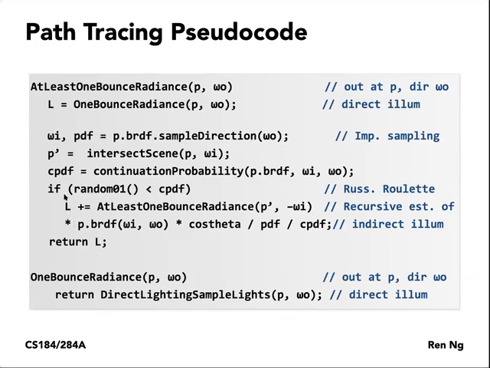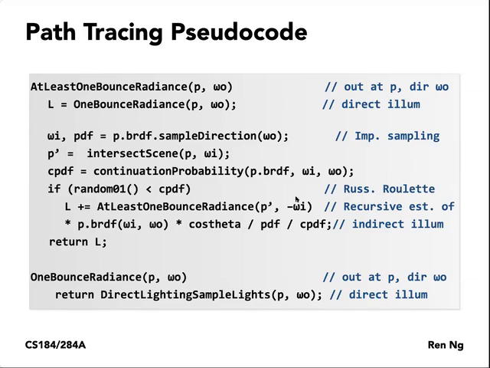But if we did continue using Russian roulette, then we take the radiance from the one bounce case and increment it by at least one bounce radiance. Now we're saying, give me the at least one bounce radiance that comes from the next point in this path of light. That's going to be at the point P prime randomly chosen and going in the negative direction towards P, which is negative omega I over here.